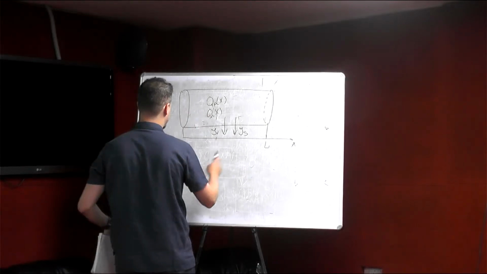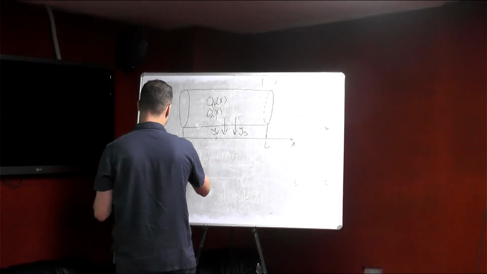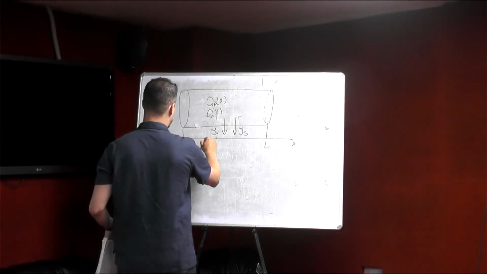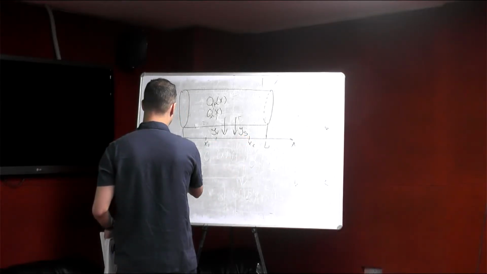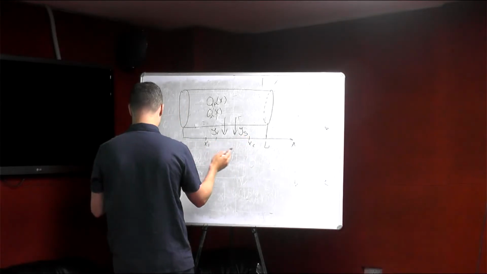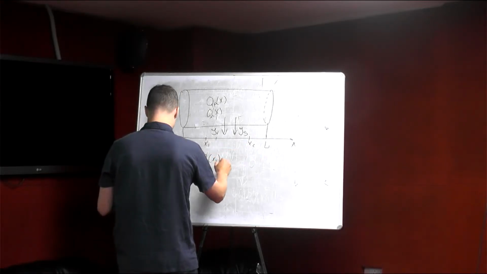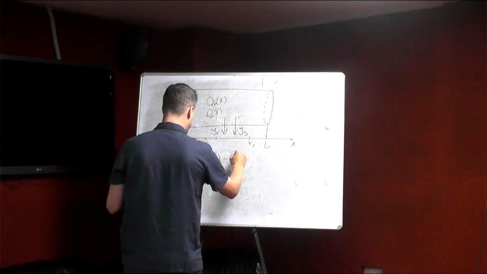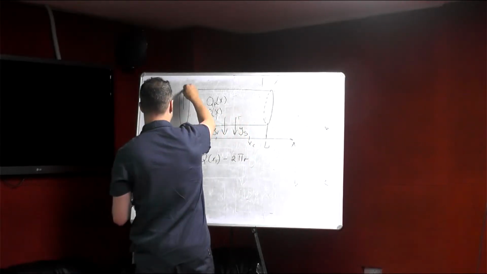So if we assume that there are positions x1 and x2, and we want to know how exactly the volume flux changes across the membrane, we can describe it as follows. What is this, the radius of the capillary?